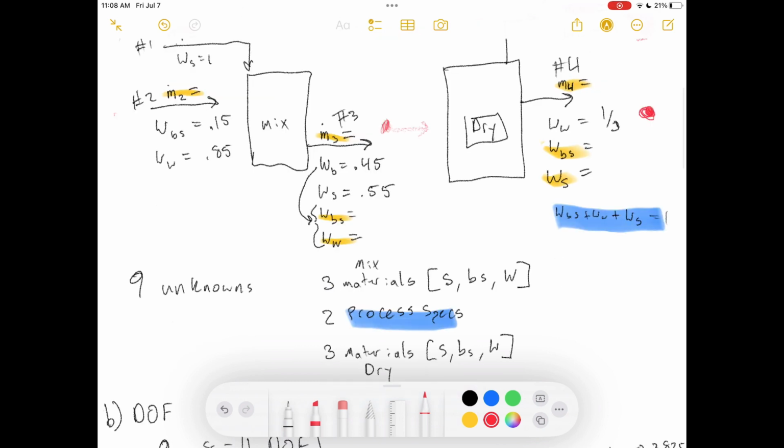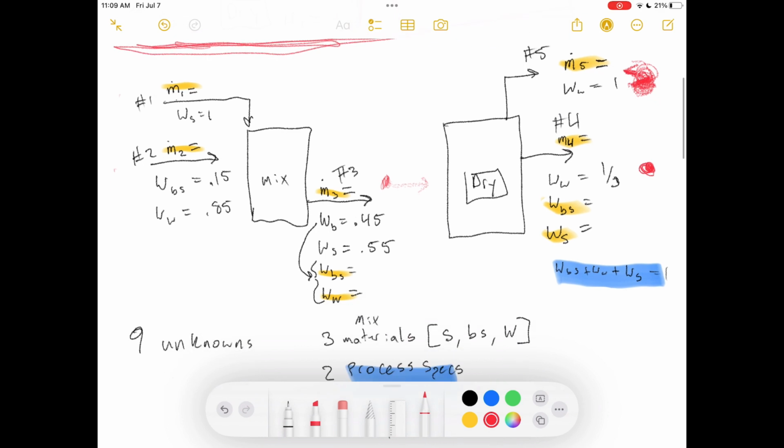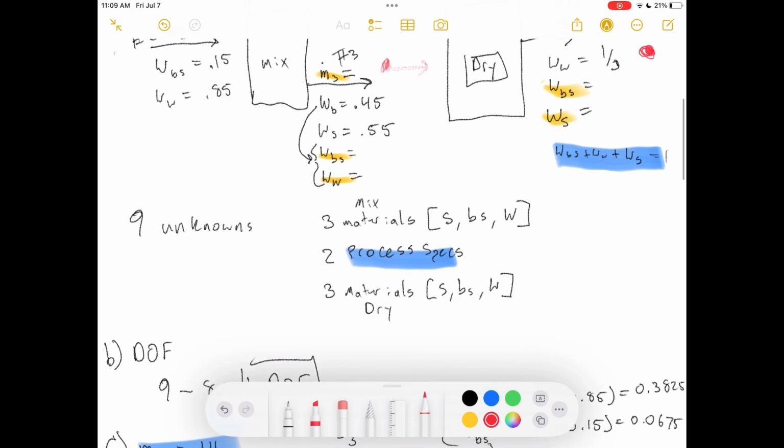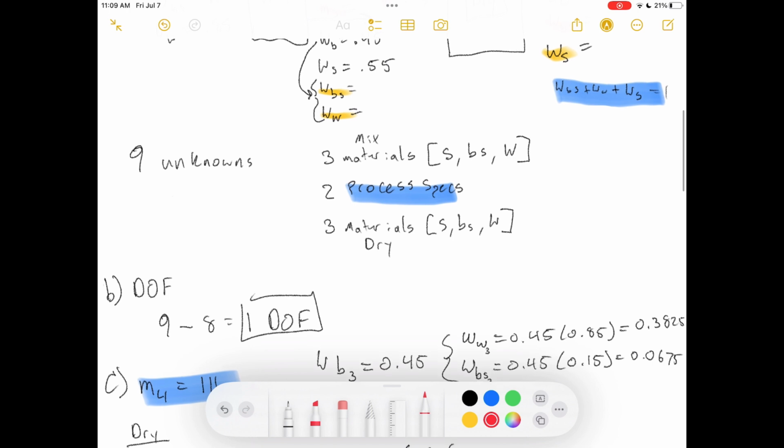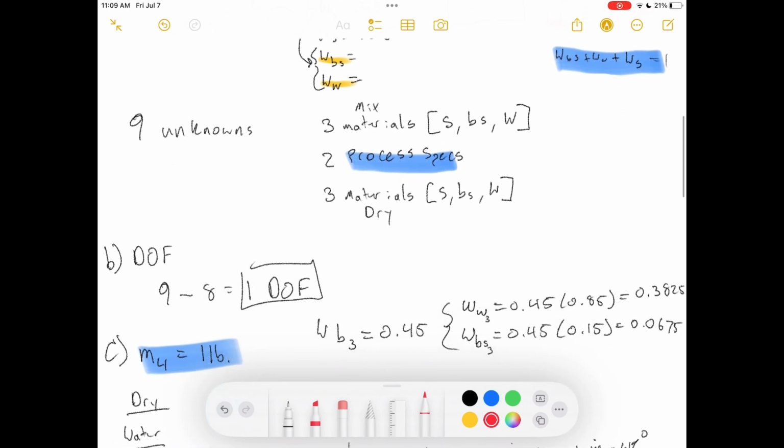Okay, there are 9 unknowns and 8 system parameters. So there's 1 degree of freedom, and in the next part, Part C, they actually specify that degree of freedom right there.